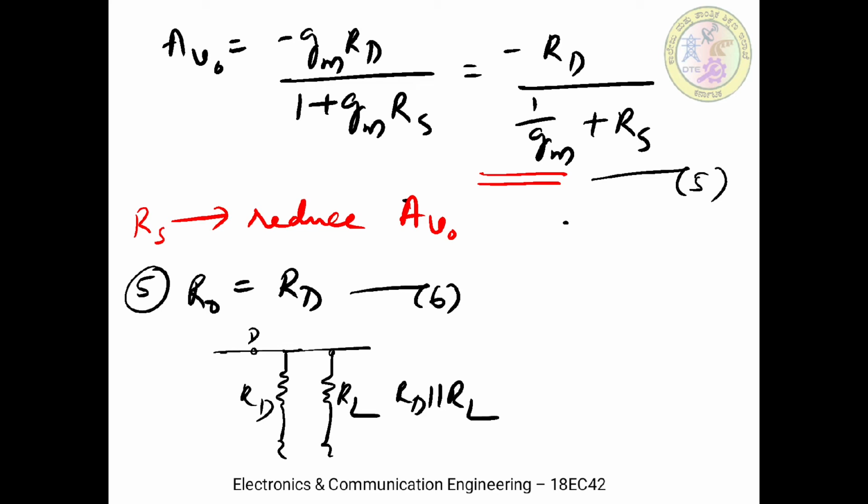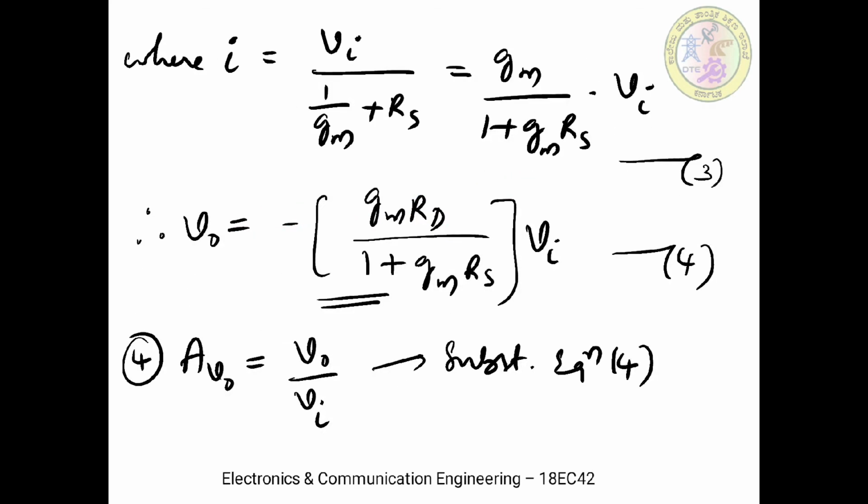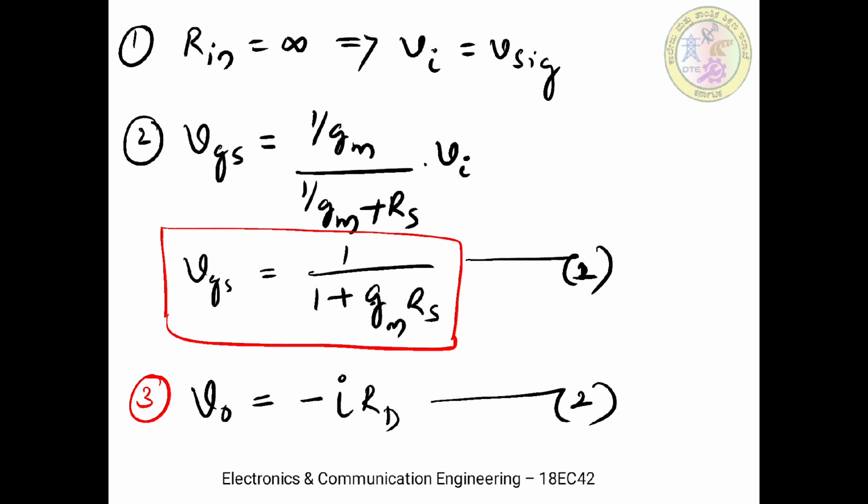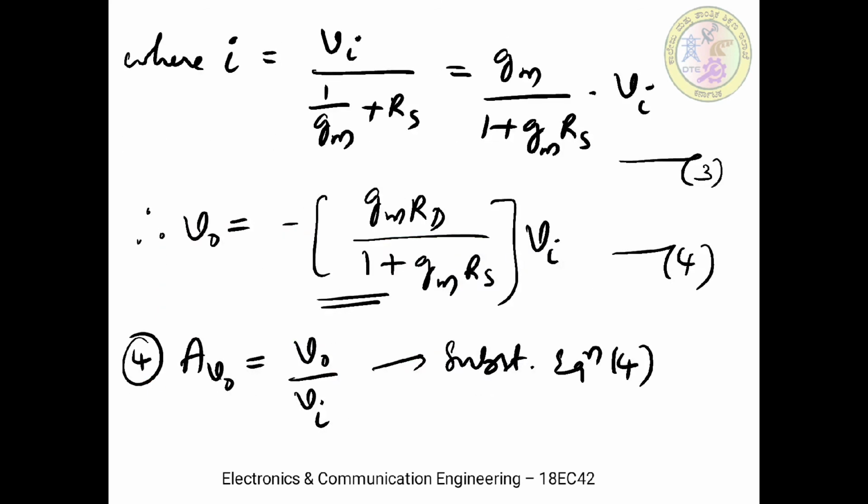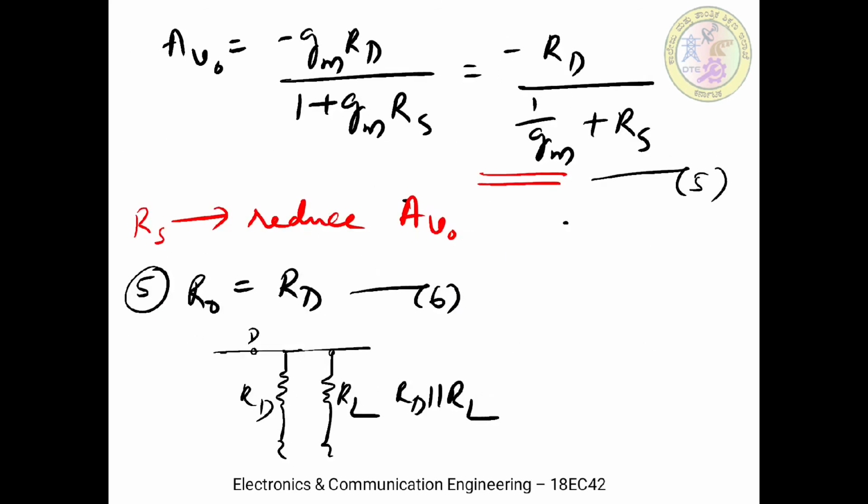So earlier what we have is AV as minus Rd by 1 by Gm plus Rs, or minus Gm into Rd by 1 plus Gm into Rs.